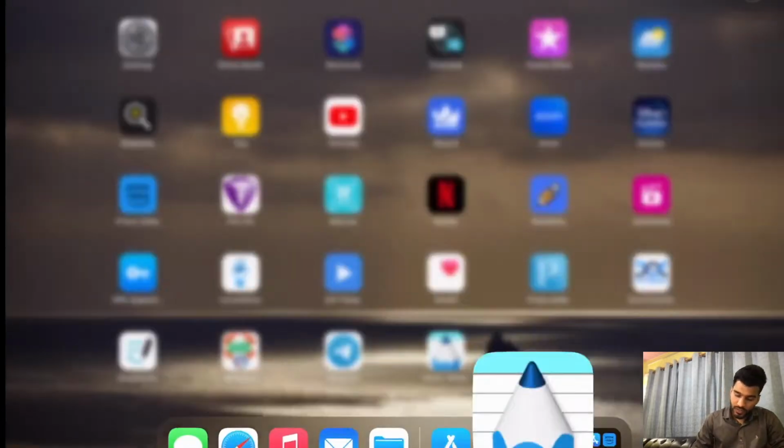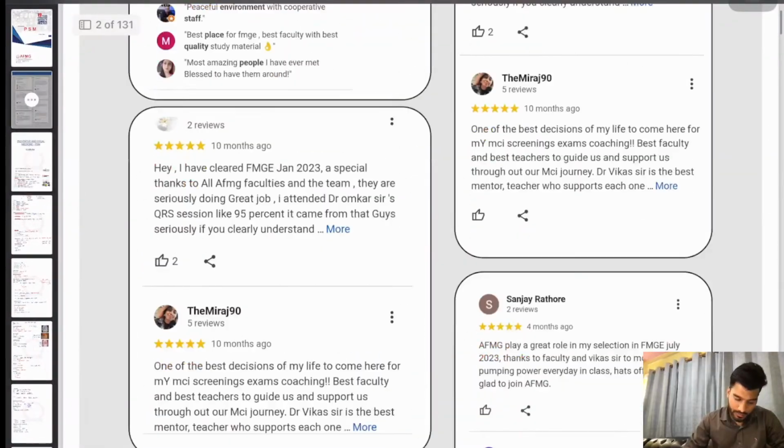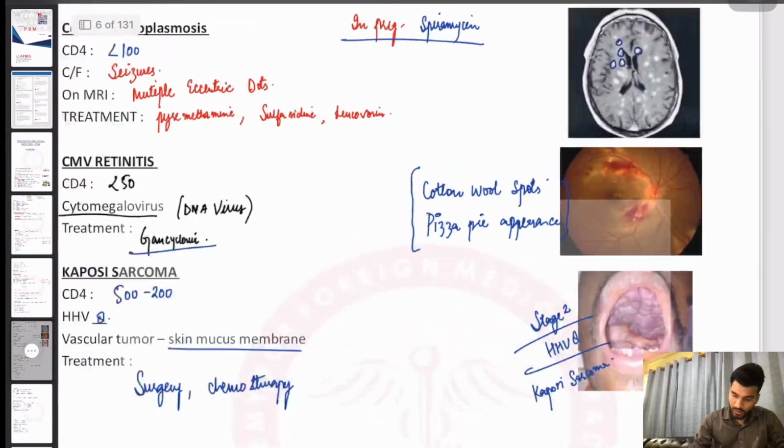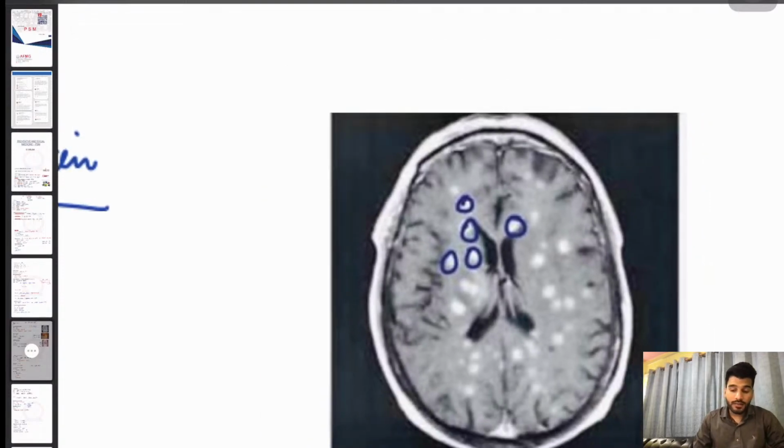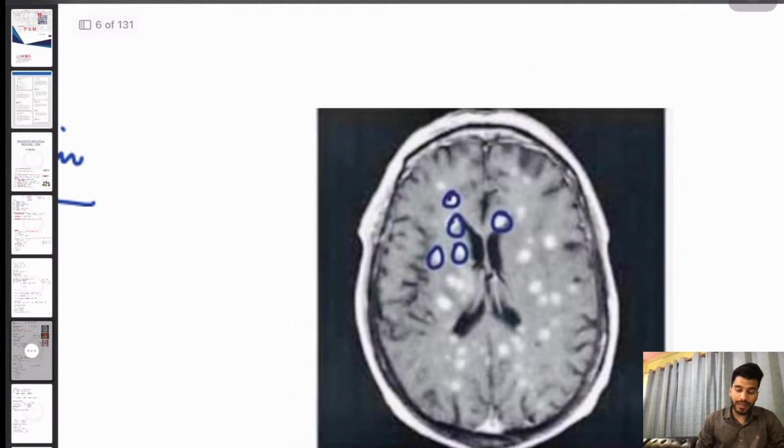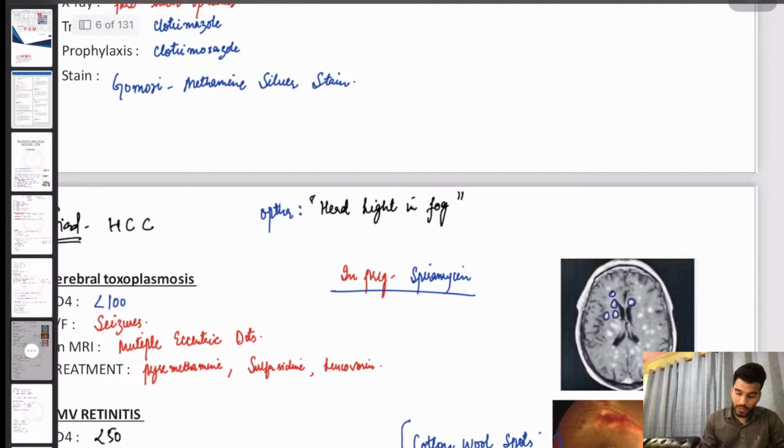So how do you differentiate? If you want to differentiate these two, let me show you here only. See, guys, if this is the picture, what is this? This is not neurocysticercosis. These are multiple eccentric dots, and between the dots there is nothing. Then it goes to cerebral toxoplasmosis. In pregnancy, your drug of choice is going to be spiramycin, but in normal conditions, it is going to be pyrimethamine, sulfadiazine, and leucovorin.